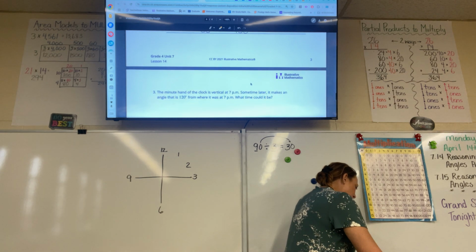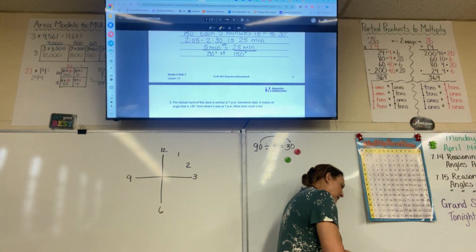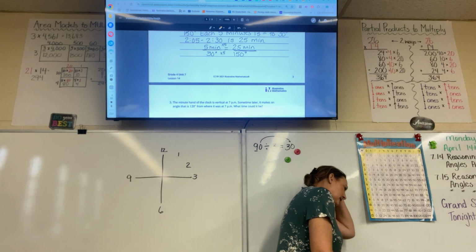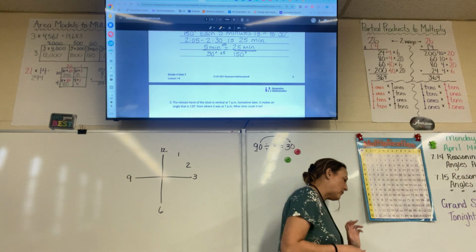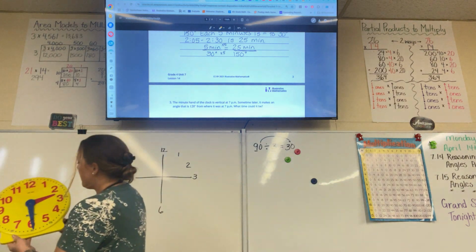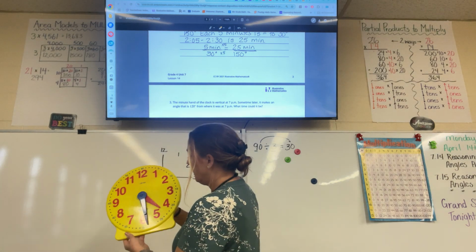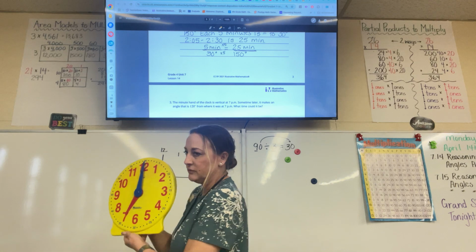The minute hand on the clock is vertical at 7 p.m. Sometime later, it makes an angle that is 120 degrees from where it was at 7 p.m. What time could that be? Okay, so at 7 p.m., it looks like this, right?